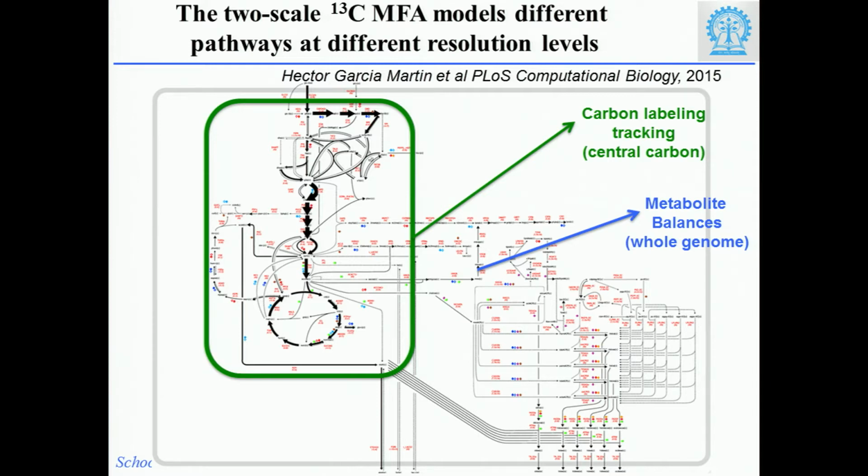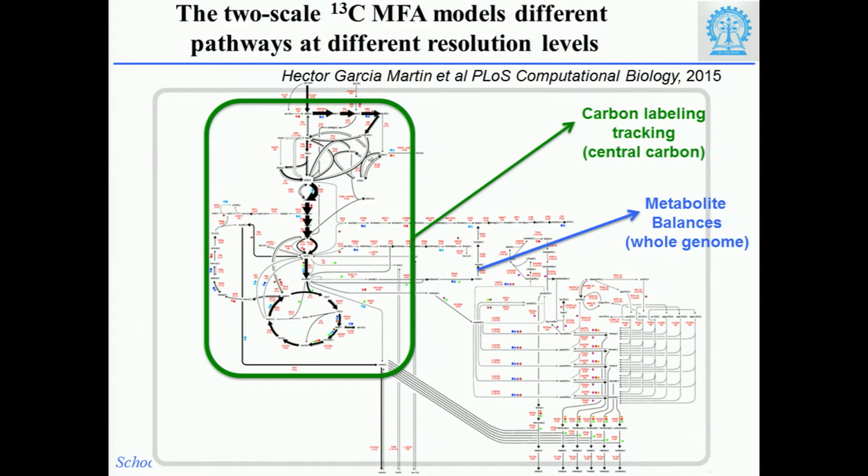So, it has a different resolution of measurement or calculation. When you consider a very big network, what you do? You consider the central metabolic network to be tracked for 13C carbon, and the remaining part of the network, which is a very big network, you consider as flux balance analysis. So, here you apply the FBA and here you apply the 13C MFA. How big is this central metabolic network where you can apply 13C?